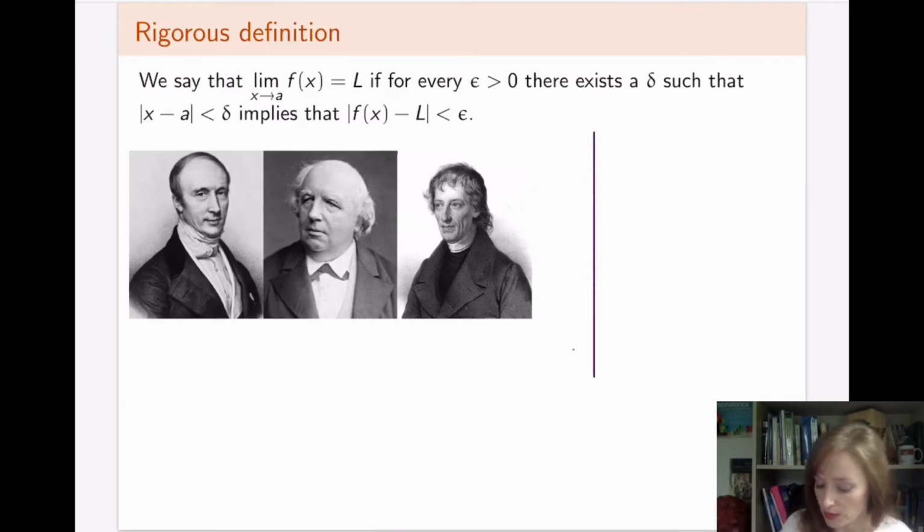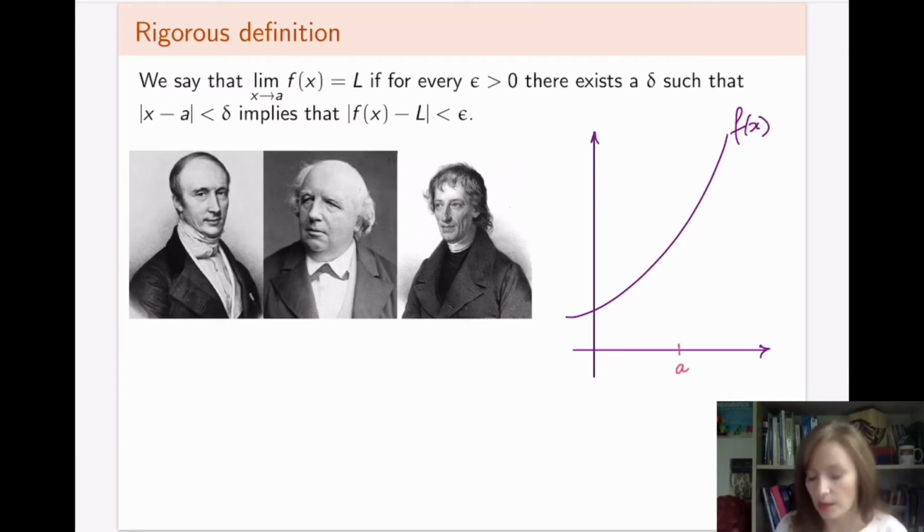So it's easiest to understand graphically. So if I have a little graph here of some function, I'm not going to give you the actual function. I'm not interested in the definition itself. What this is saying is, if I have this a, some value for x that I'm trying to approach, and my eventual limit, so let's say this function is nice and smooth, so my eventual limit is here.